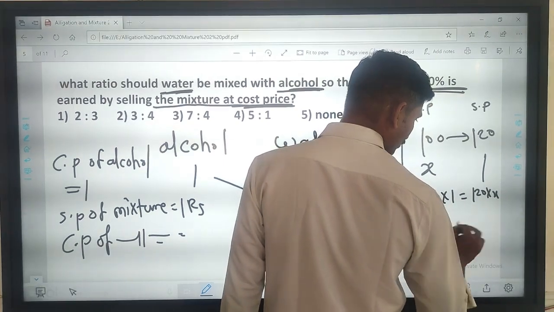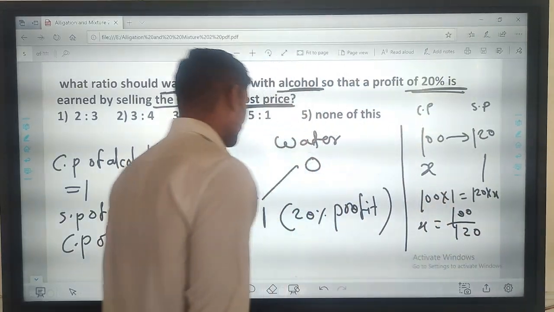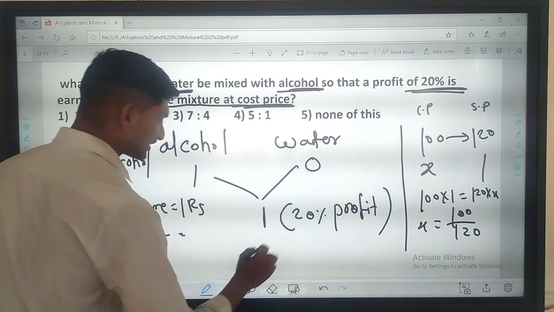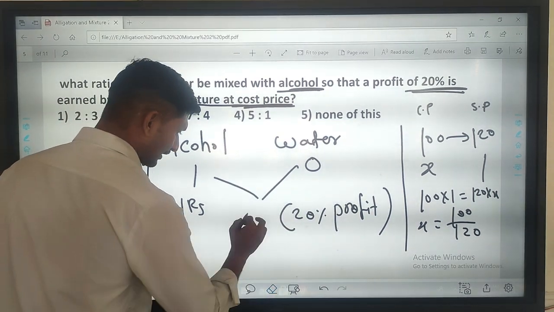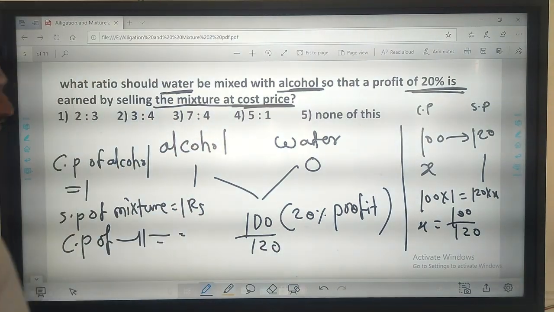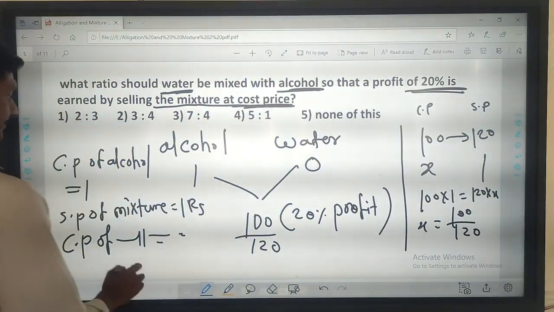Then x is equal to 100 divided by 120. So the CP of the mixture is 100 divided by 120.